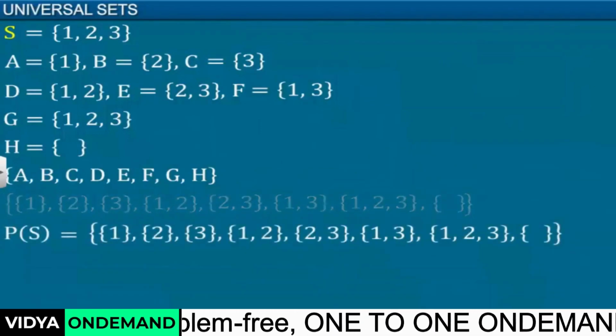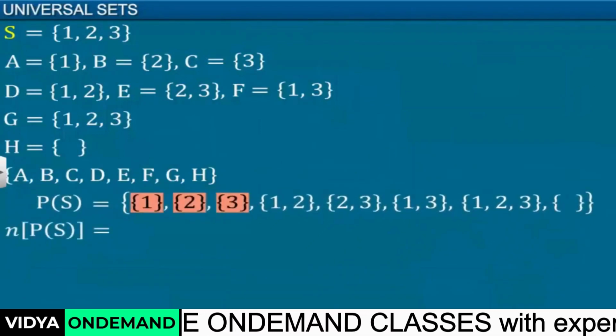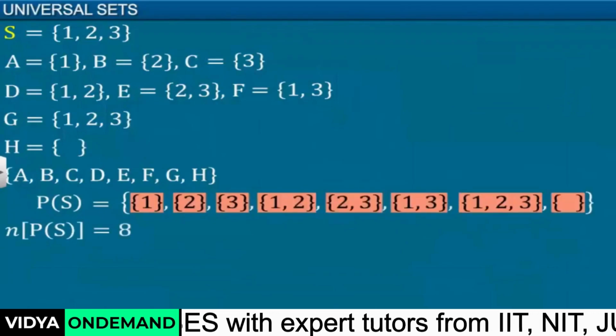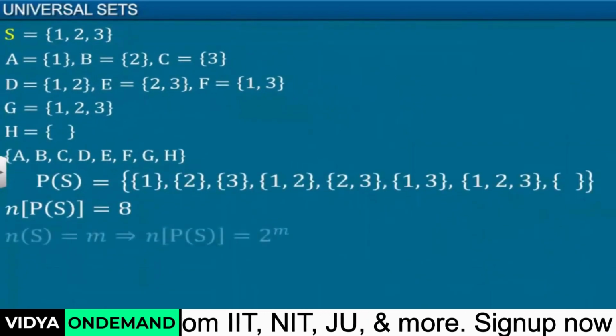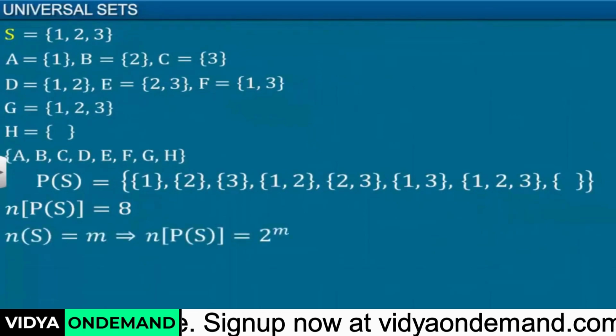We can say that if a set S consists of m number of elements, the number of elements of the power set is equal to 2 power m.